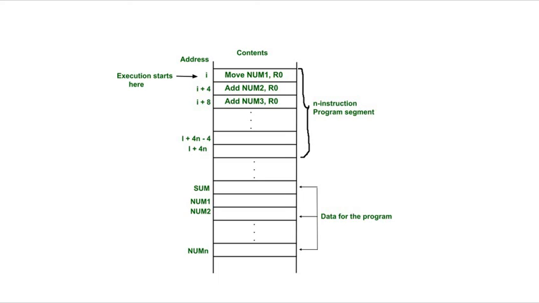In the same way, we add the contents of NUM3 and R0 and store it into R0. This is how we use the program. We can see the different memory locations here, the SUM memory location, NUM1, NUM2, and so on, and these locations are pointed to by the program counter.